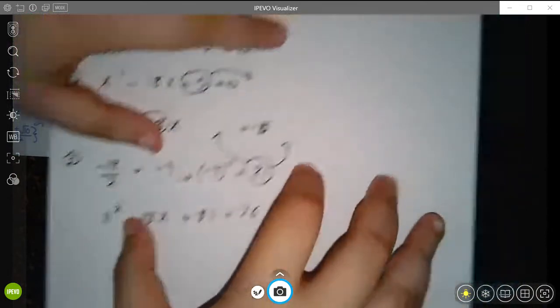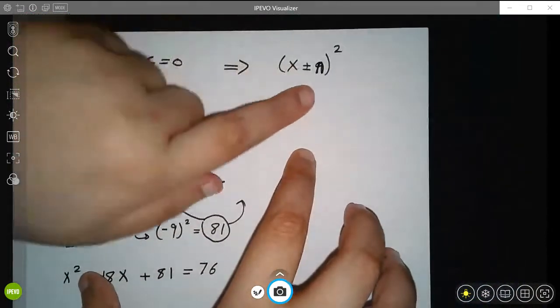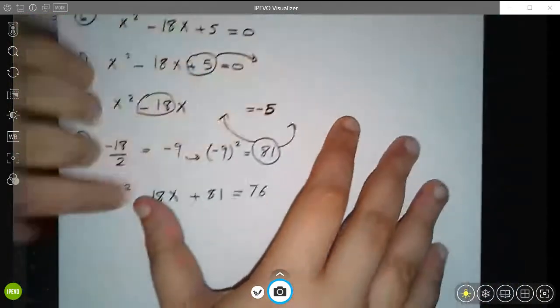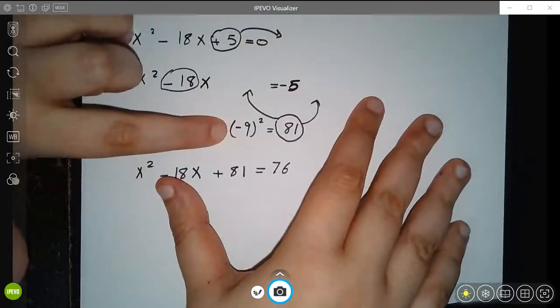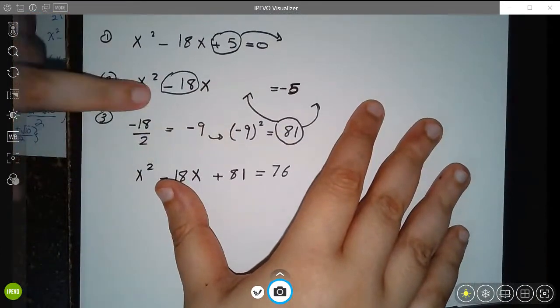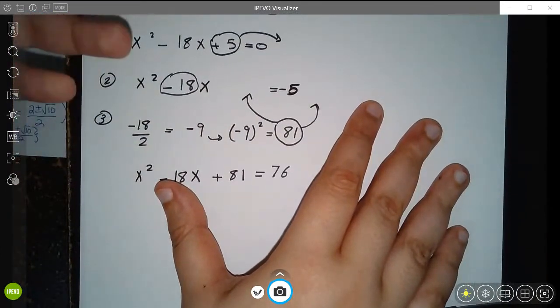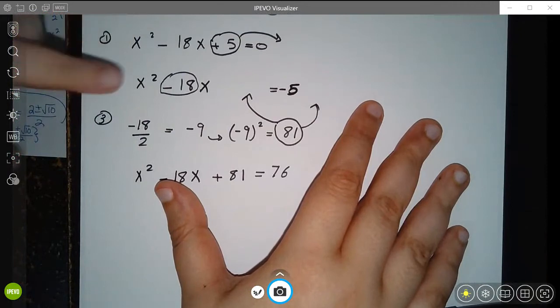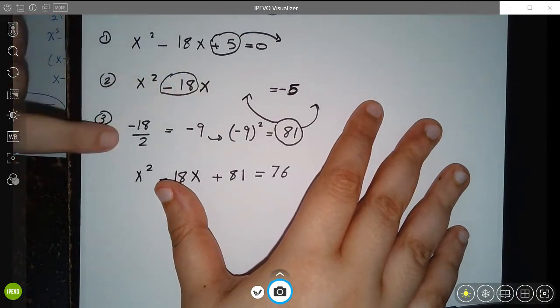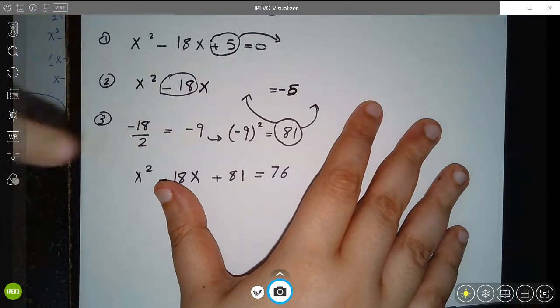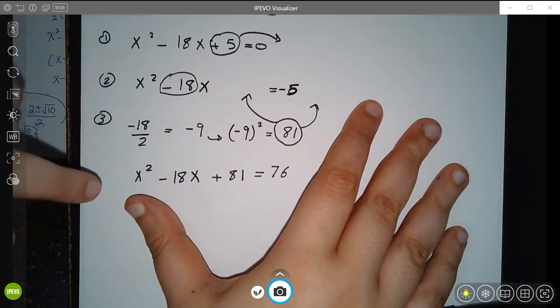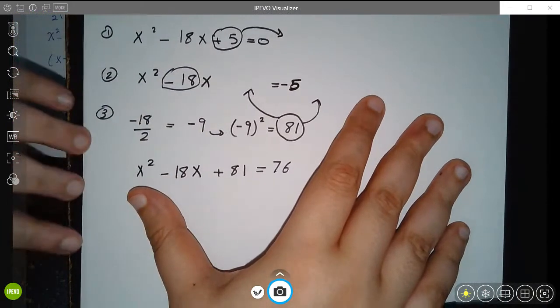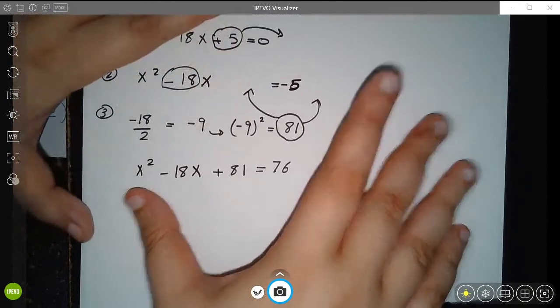So since we want only one pair of parentheses with the same number, that means it has to be something squared. And since the number in the middle is the addition between those two numbers, it means that whatever number you have here divided by 2 would be the answer inside the pair of parentheses. Does that make sense? So doing this completes a square.